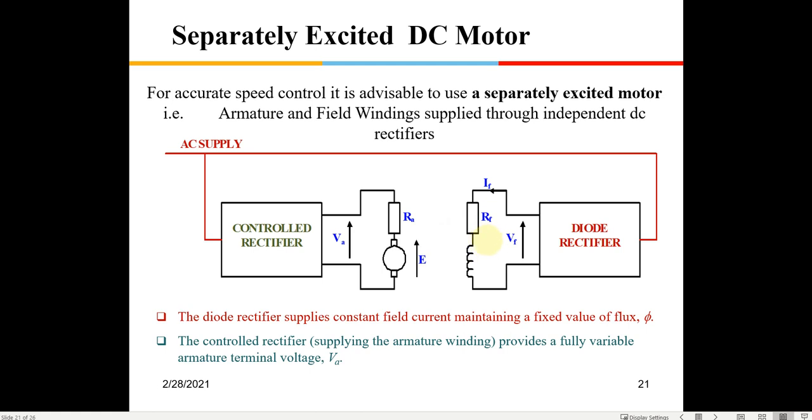So if you reduce the field current, the back EMF reduces, and that is why you will get increased speed. Or you can just increase the terminal voltage and armature current. This configuration is generally used where you need to control the speed of a DC motor.